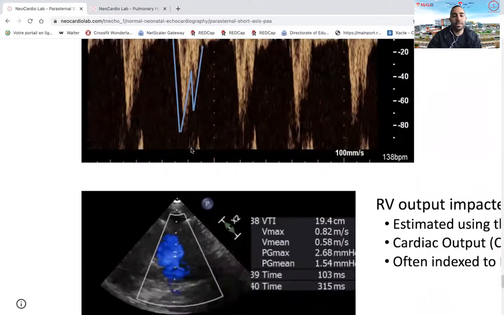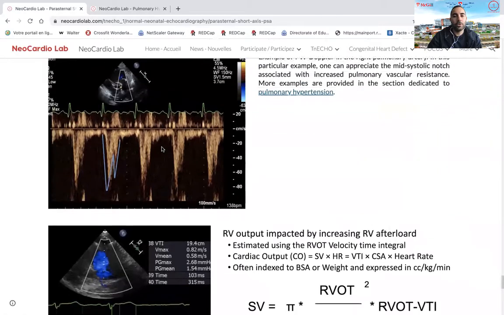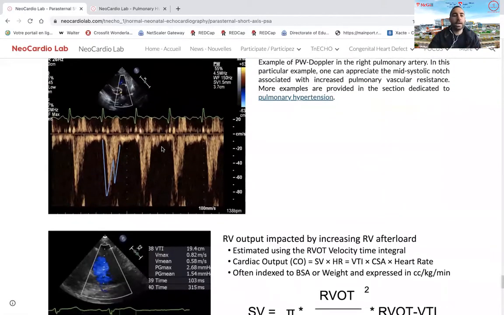The reason for this mid-systolic notch is that there might be some degree of recoil of the actual pulmonary artery, in the sense that if you have a lot of obstruction to flow, such as in the context of high PVR, eventually you get ejection inside your pulmonary artery, which has a certain capacitance from the pulmonary wall, and then you get some recoil. So you get initially an acceleration, a deceleration, and a reacceleration from the recoil of this pulmonary vessel.